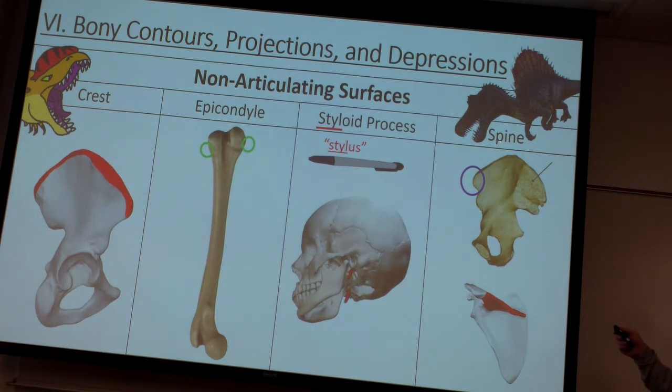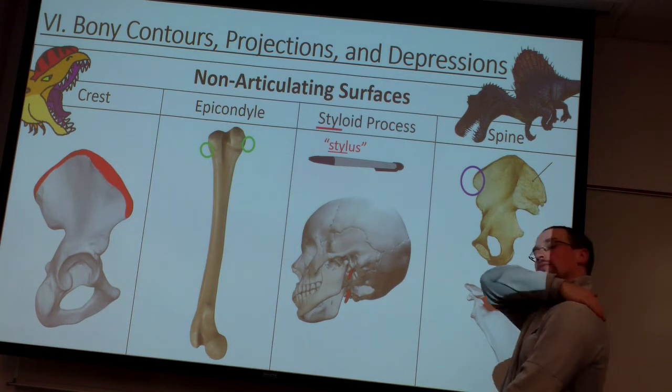A spine is also like a projection, but notice it's not nearly as sharp as that styloid process. It's a raised surface. We've got some on our pelvic bones: one here, here, here, and here. We've also got one on the back of your shoulder blades.